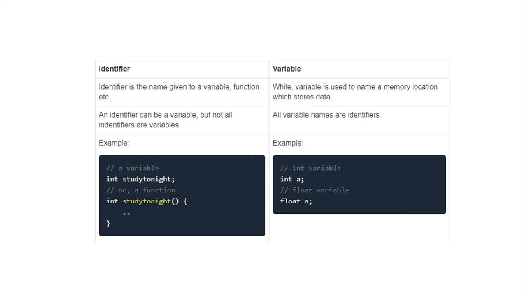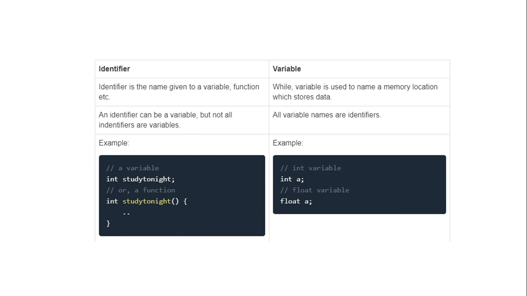I can declare the function name as an identifier. But see the variables: int a, float a, char c. So a single letter or single data can represent the variable. But identifier means we can declare the structure name or function name or array name. So that is called the identifier.